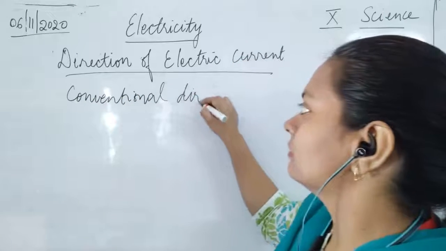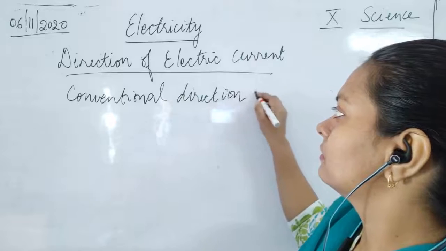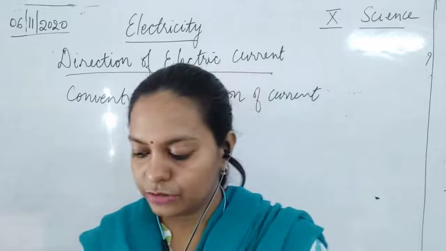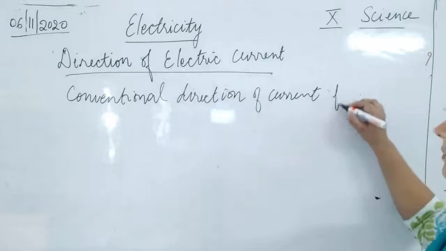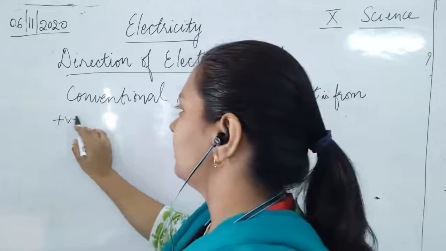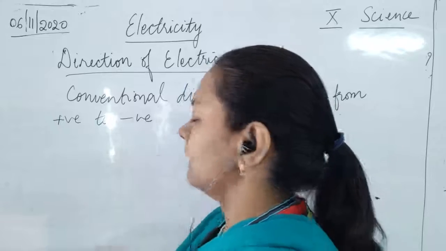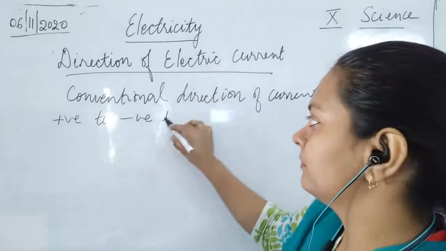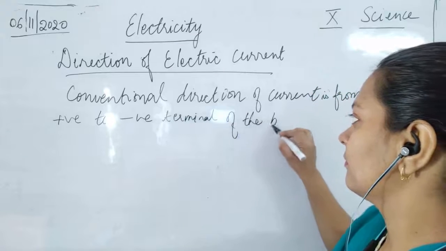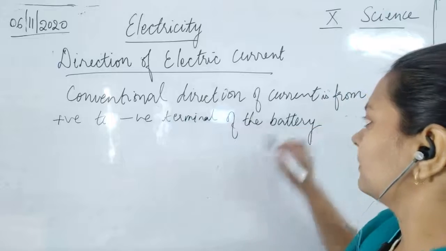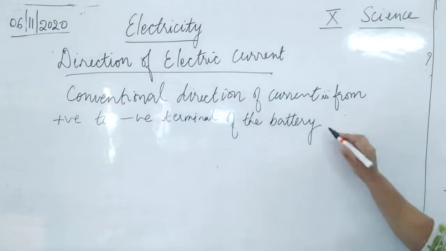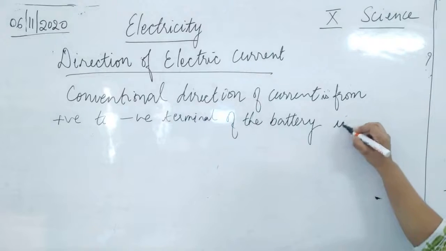So what is the conventional direction of current? The conventional direction of current is from the positive terminal to the negative terminal of the battery present in the circuit.